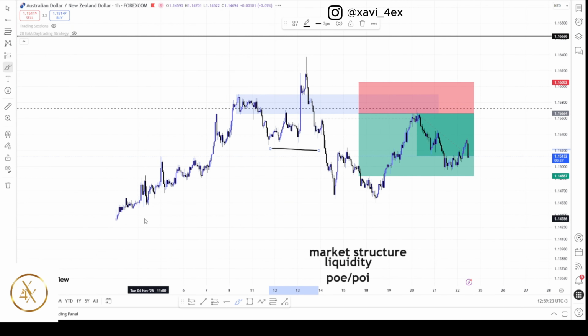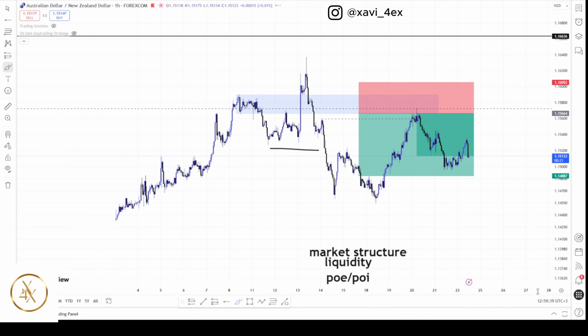I'll talk more about my point of entry or interest, but they are usually on the previous low, the low before the low that broke and brought the market back into play.